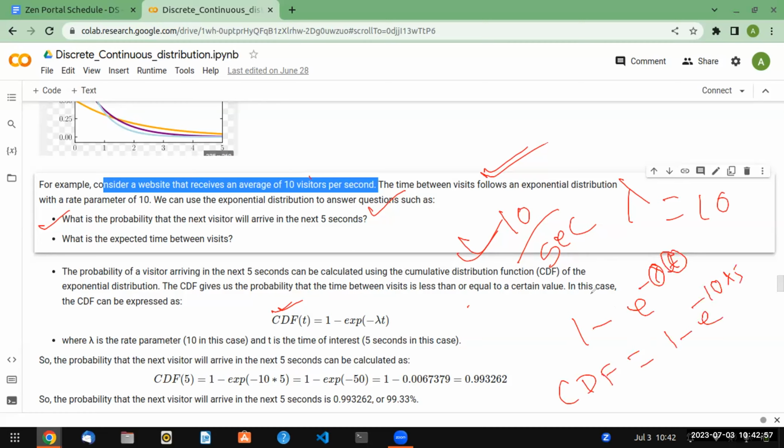Whatever this value is will be the probability that the next visitor will come in the next 5 seconds. I have calculated this one: 1 minus e to the power minus 50 is around 0.9932. That means the probability that the next visitor will arrive in the next 5 seconds is 99.33%. So this kind of question you can also correlate with your exponential distribution.